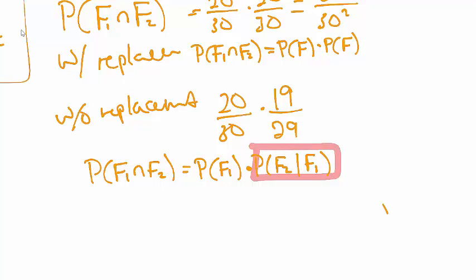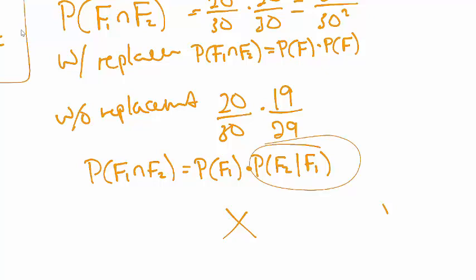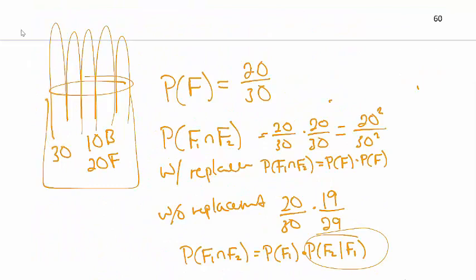How do you guys feel about that? Let me see your thumbs. Okay, I don't even know if we ask you to use this formula yet, but it's the right place to have this discussion. So right now, all you need to know is that and means multiply, and we're dealing with independence, so you don't have to change the second one yet.